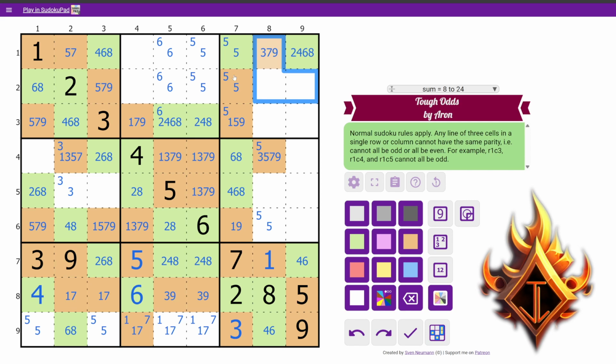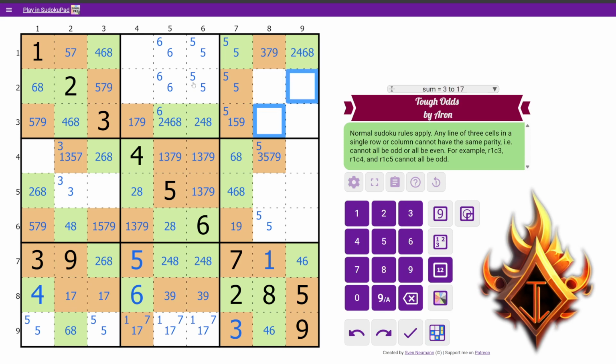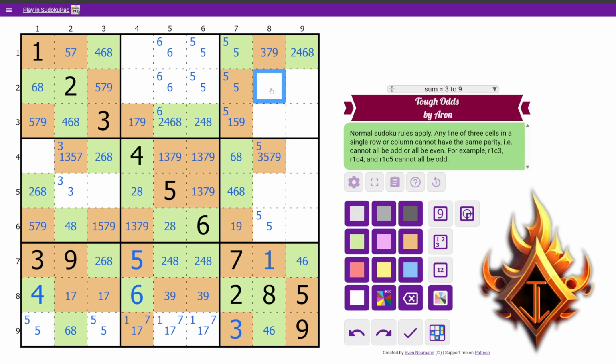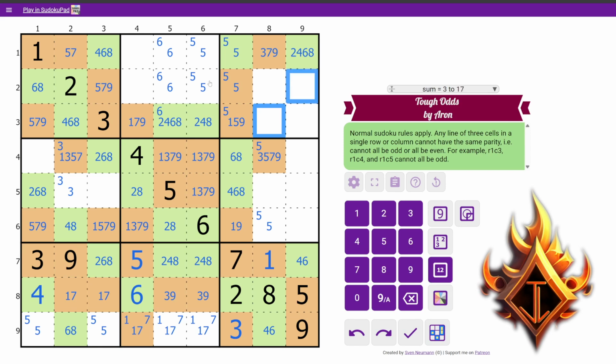Okay, so if this is odd, if that is odd, all 3 of those are even. Look. If this here is odd, then that one, and that one all have to be even.